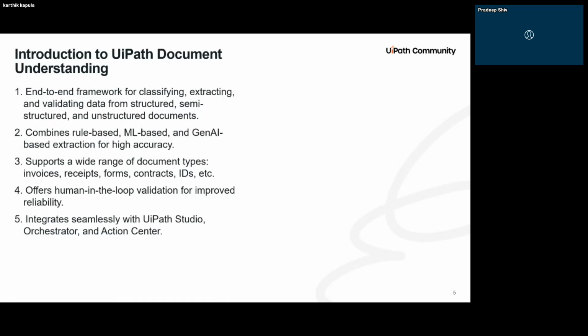So UiPath Document Understanding is basically an end-to-end framework that helps us classify documents, extract the information that we need, and validate it, whether the documents are structured, semi-structured, or fully unstructured.